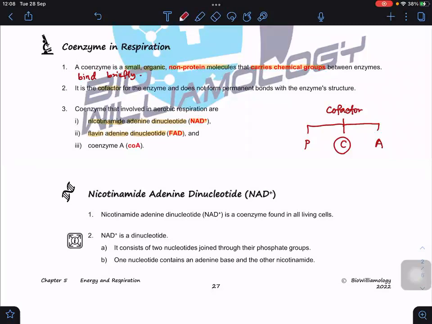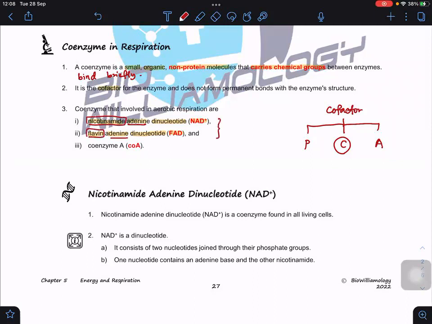From the name, they have adenine, so they are quite similar to adenosine triphosphate, the ATP, because ATP also has adenine. The difference is that these are dinucleotides, and one has another group called nicotinamide, while this one has the flavin group.